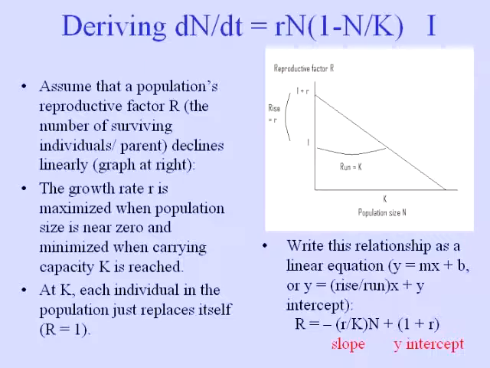And so we can write a formula symbolically that looks like the one at the lower right of this image. Capital R equals minus r over K, because we have to put in that minus sign because the line is going down, not up, times N, plus the y-intercept, 1 plus r.